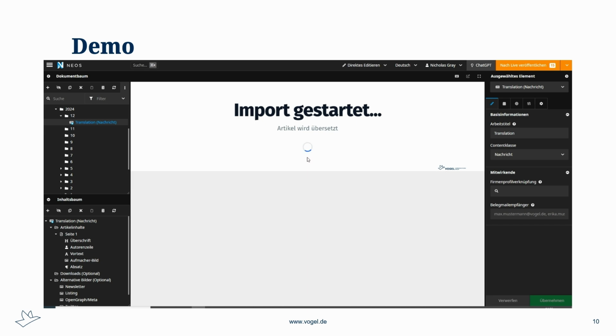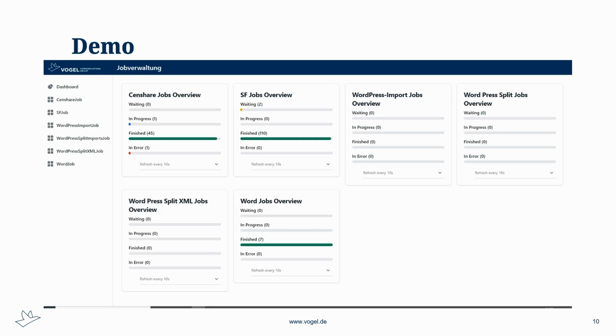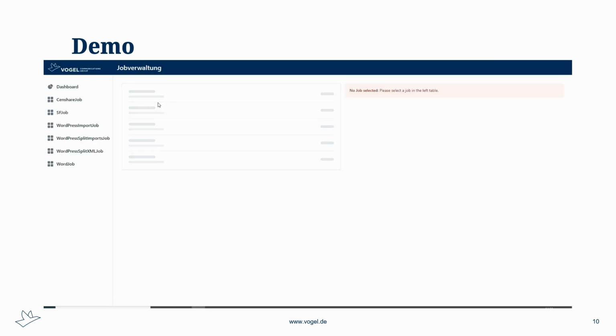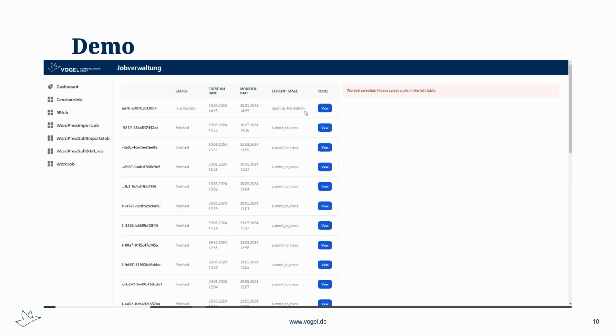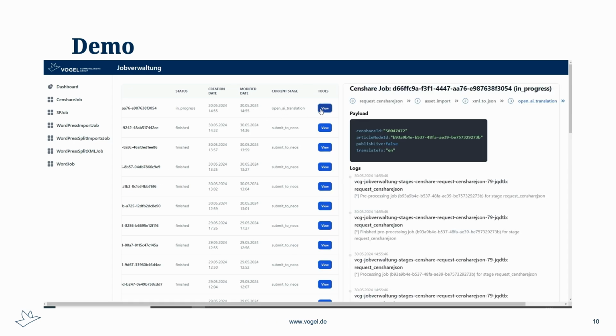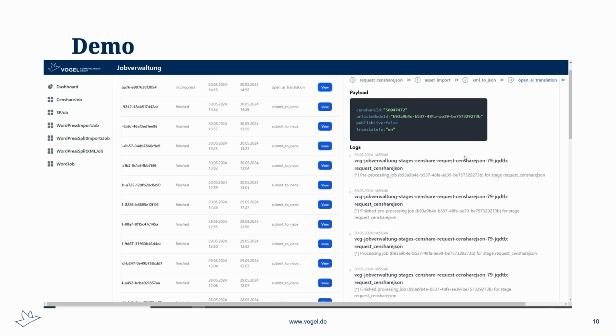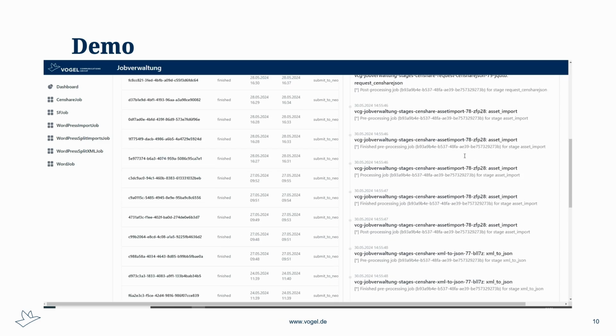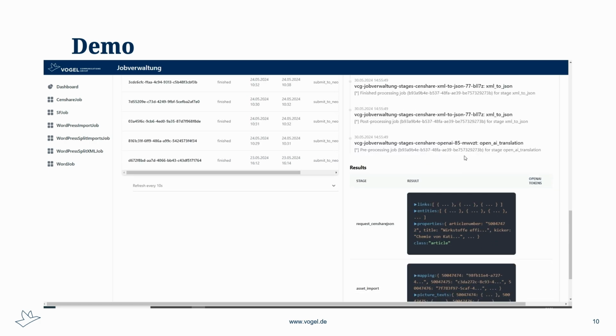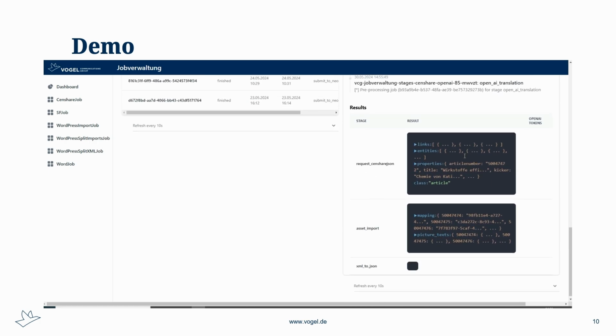And yeah, that's basically the Easter egg, because it takes like 3 to 5 minutes. Okay, that's not the Easter egg, that's the front end to our task manager, where we log each and every step during the process. And that makes debugging really, really easy. We see all the inputs and outputs.